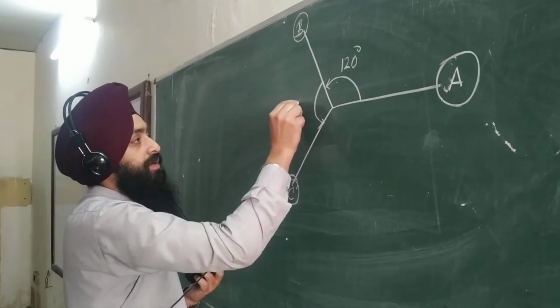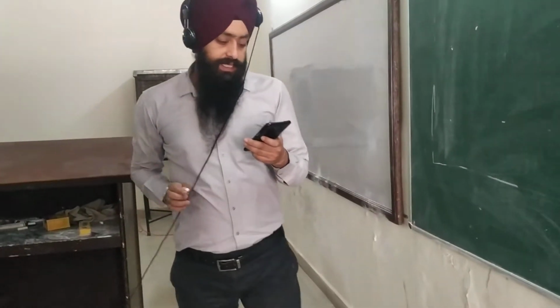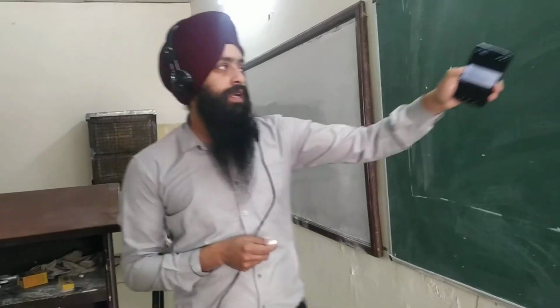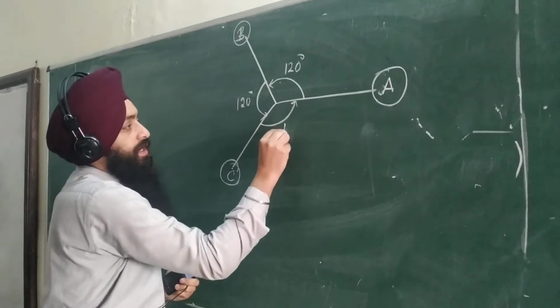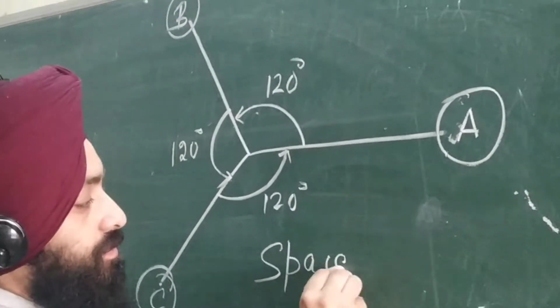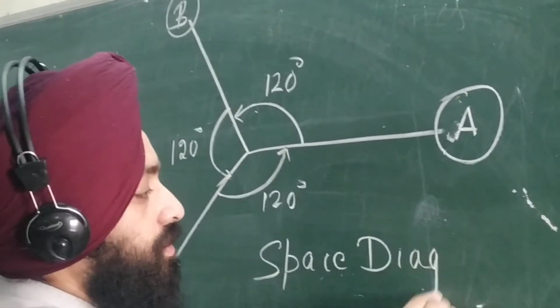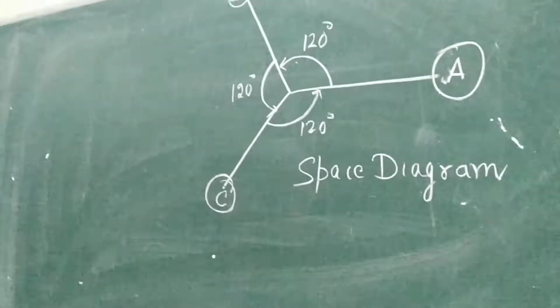It is given in the numerical that the three cranks are all on the same axle and set at 120 degrees to each other. So the angle between all the cranks is 120 degrees. This one is the space diagram.